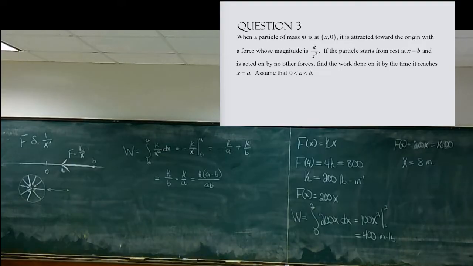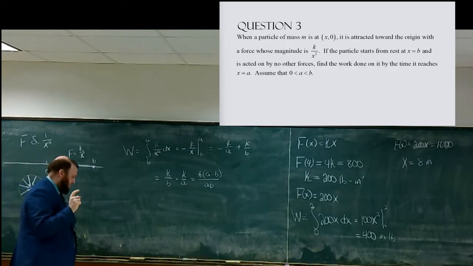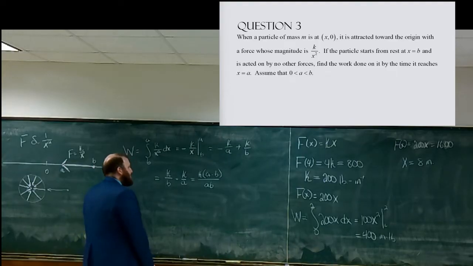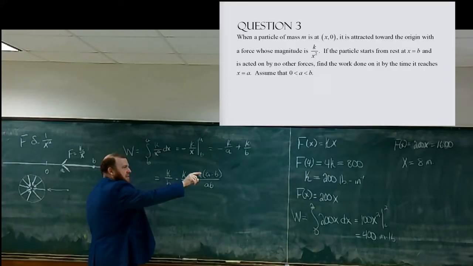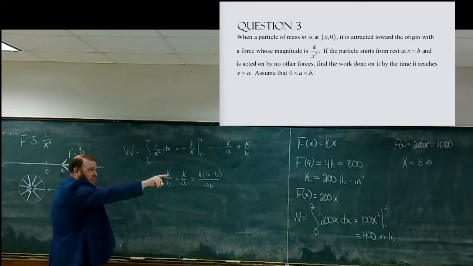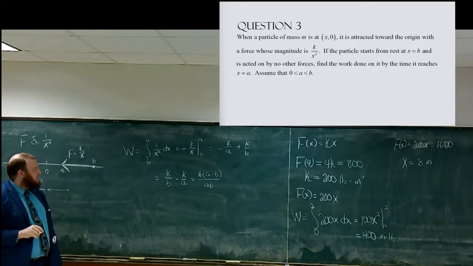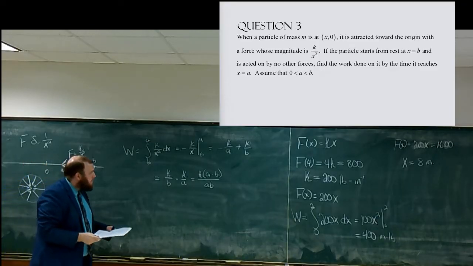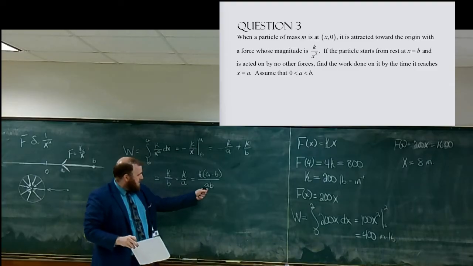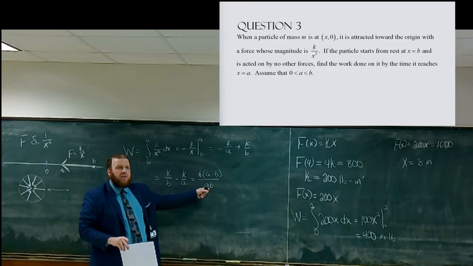This result's interesting. They tell us that a is smaller than b, right? Is this positive or negative then?